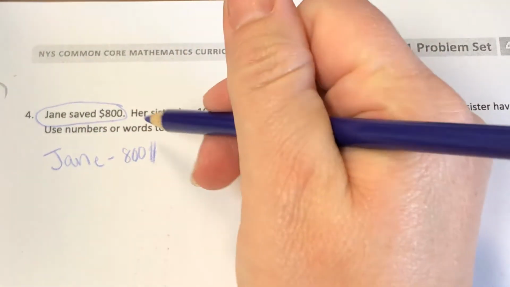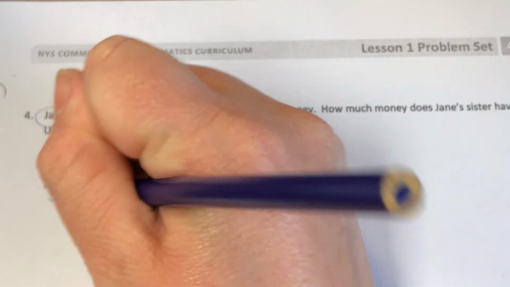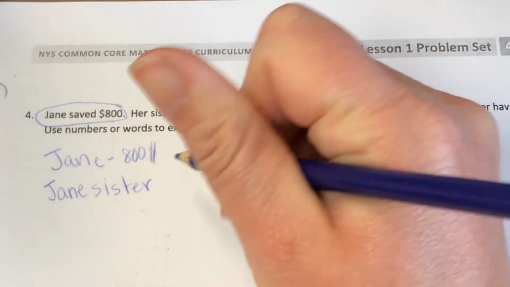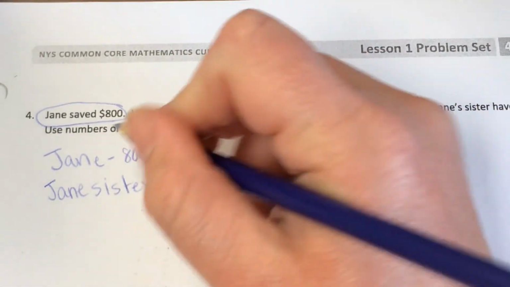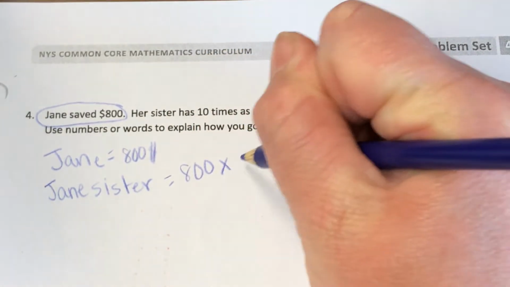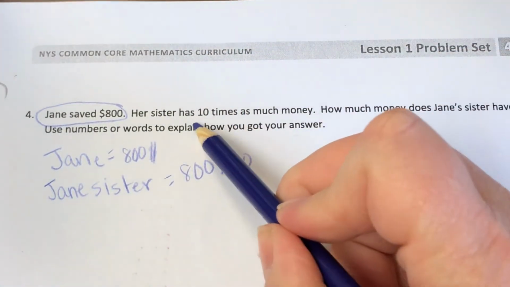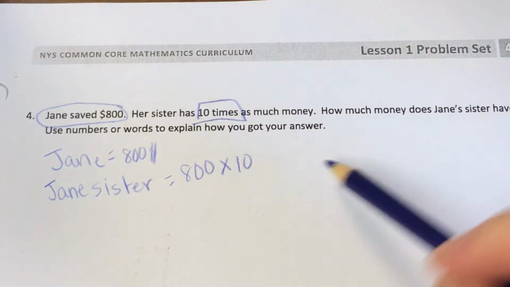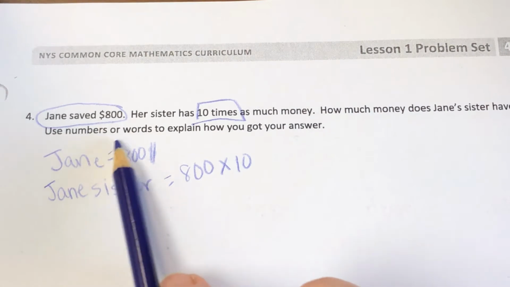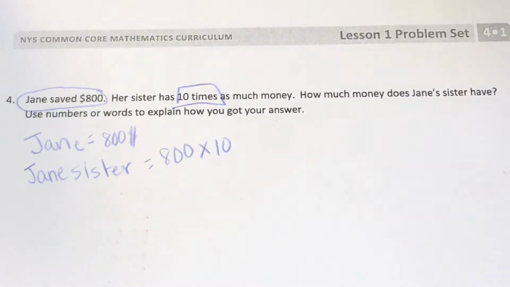So I know that Jane's sister has 800 times 10 because she has 10 times as much money. How much does Jane's sister have? Use numbers or words to explain how you got your answer.